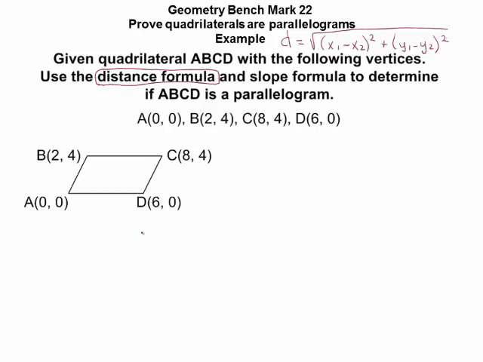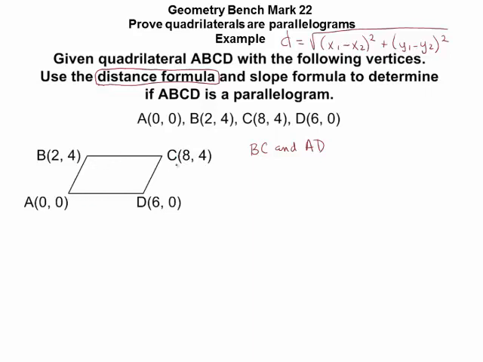Okay? So you can either do AB and CD, or you can do BC and AD. Which set would you like to do? This is actually the easier choice. Yeah, we're doing AD and BC.